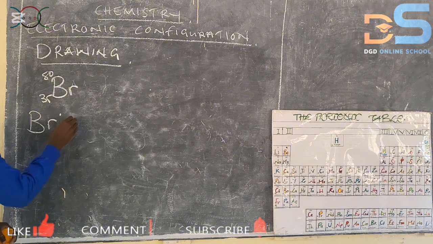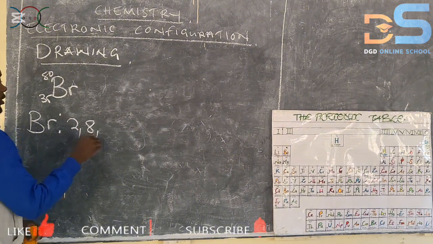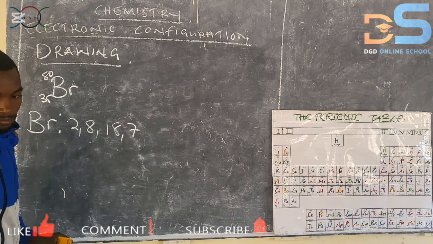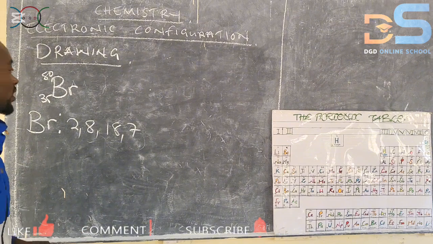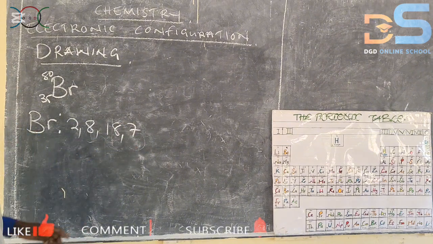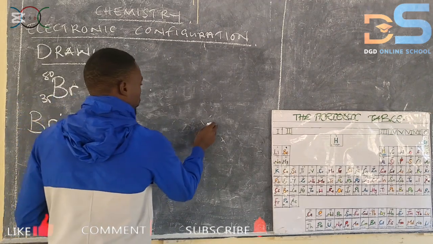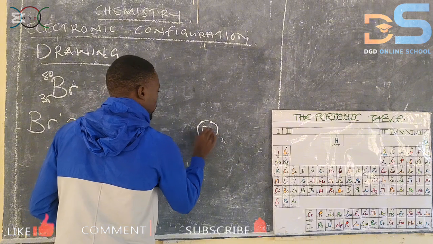Then we have 2, 8, 18, and 7. So bromine has 4 shells, and it has 7 electrons in the outermost shell. So we are going to begin with the nucleus for bromine.